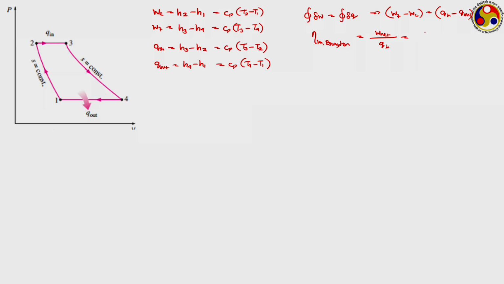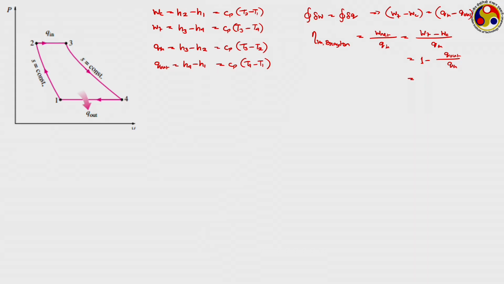Net work output refers to the turbine work minus the compressor work by Q in, and if we use the first law, then we can write this to be equal to 1 minus Q out by Q in.